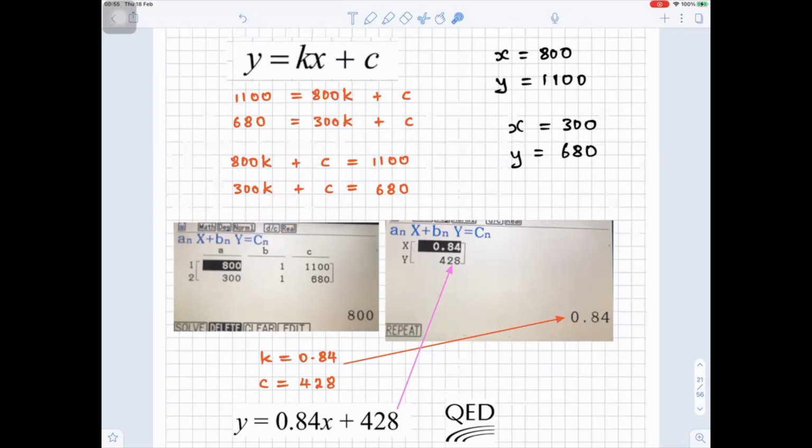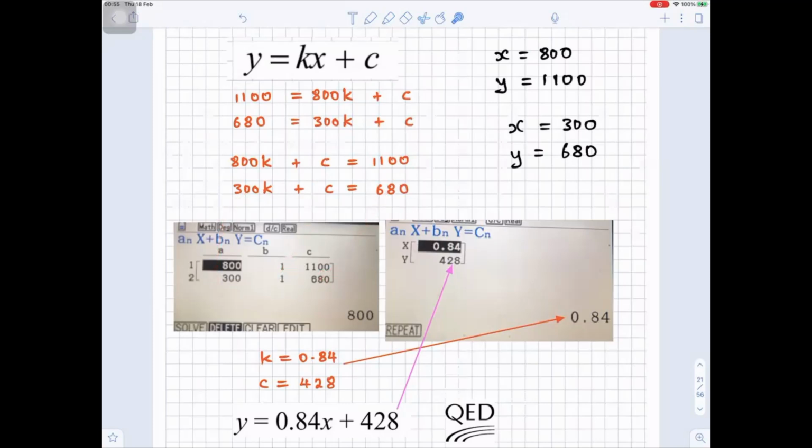So in your calculator, you go into the mode and choose solving simultaneous equations and choose 2 because there are 2 variables, k and c. So 800 goes for the first one, 1 goes for the second, and 1100 goes for the 300 goes next, 1 goes for this one, and 680 goes there.